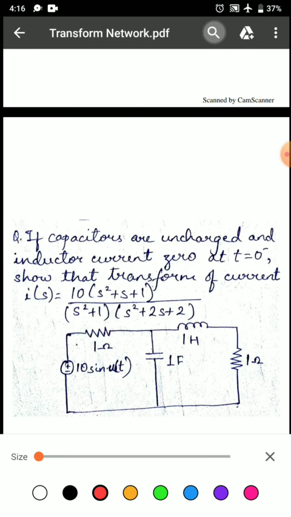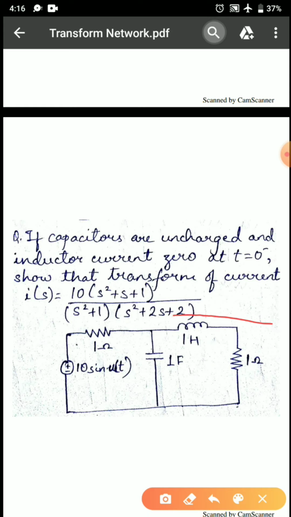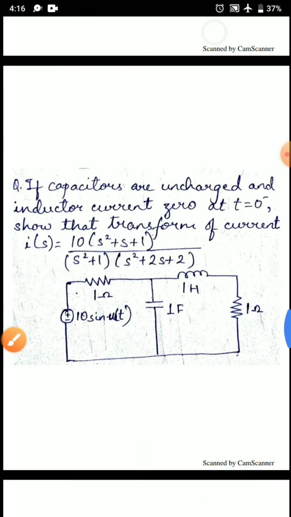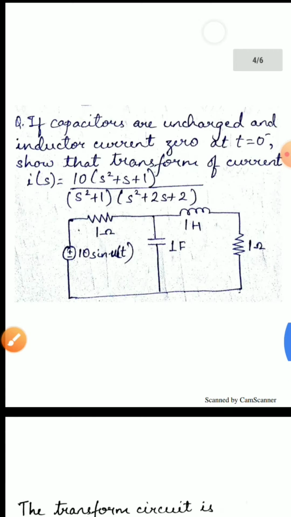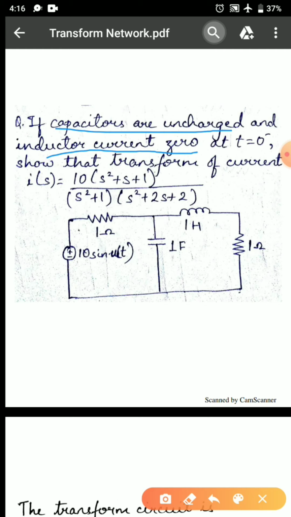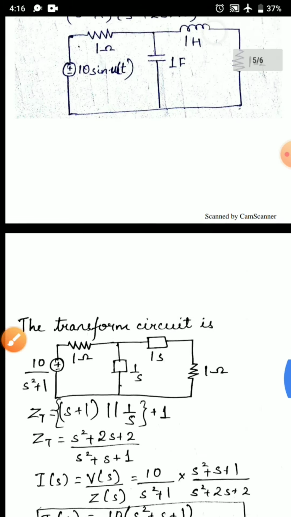A circuit is given here and we need to prove this I of S for the given circuit. Here it is clearly mentioned that capacitors are uncharged and inductor current is 0 at t equal to 0 minus. So let us solve the question.